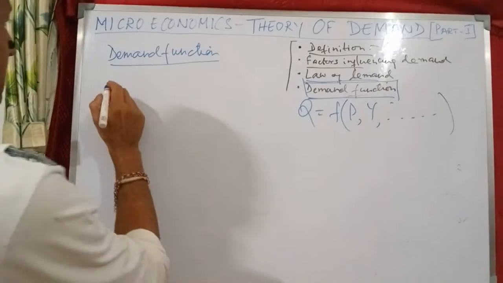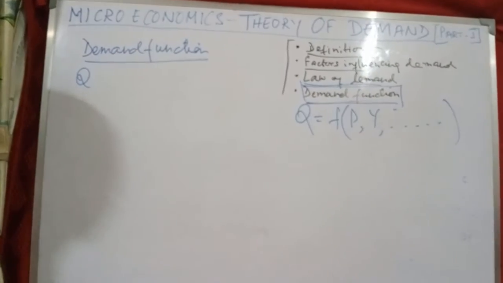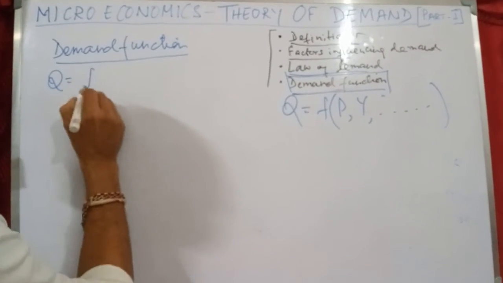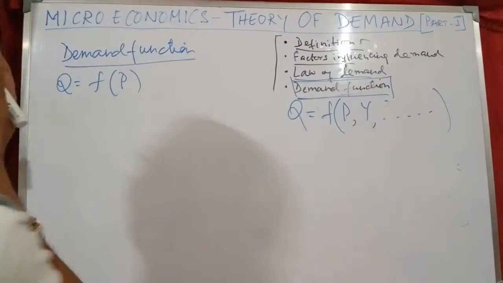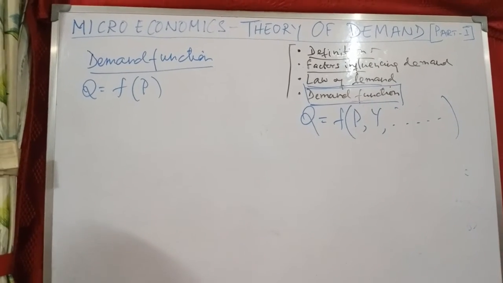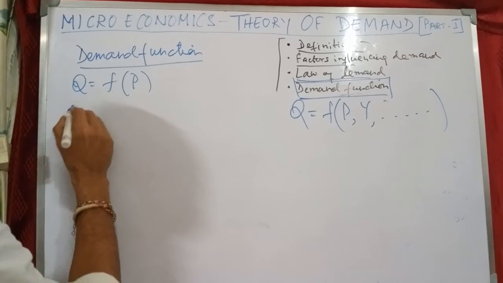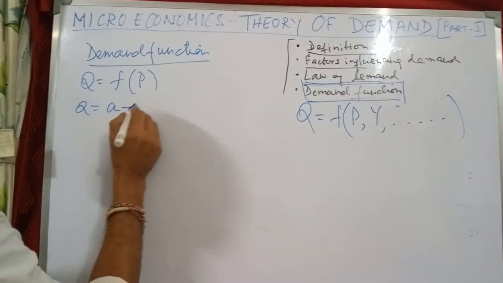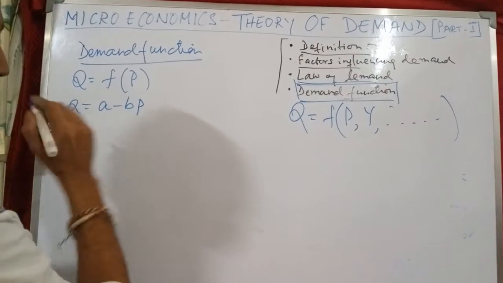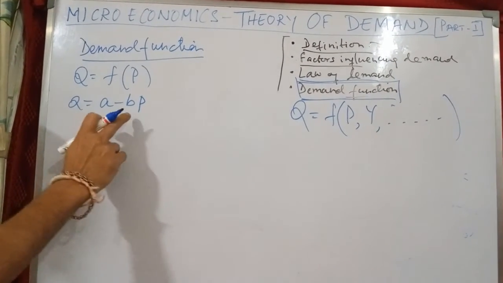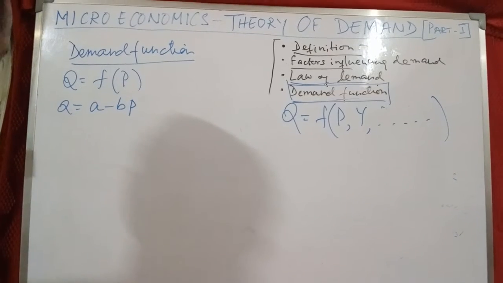So in the demand function, Q, the quantity demanded, is equal to a function of P, f(P). The standard form of the demand function is Q equals A minus BP, where Q is the quantity demanded and P is the price of the commodity.